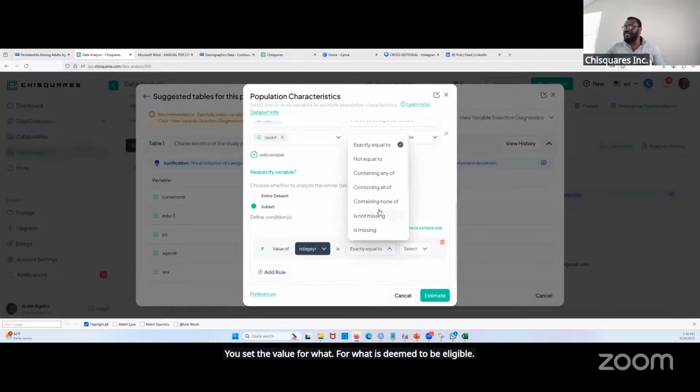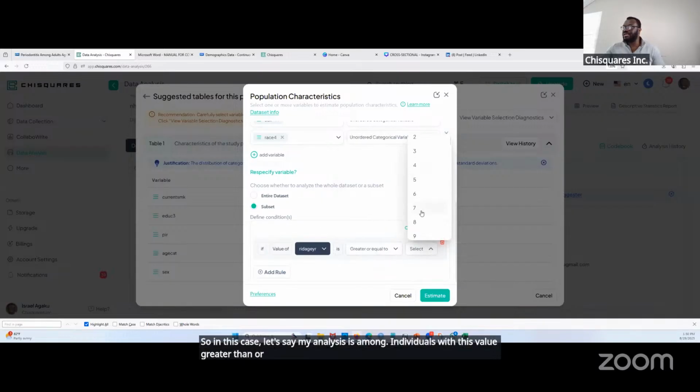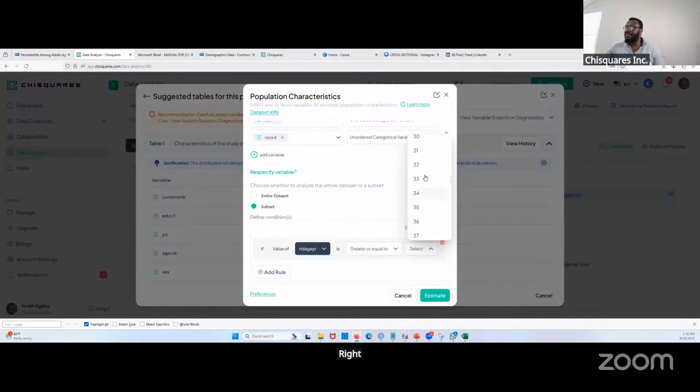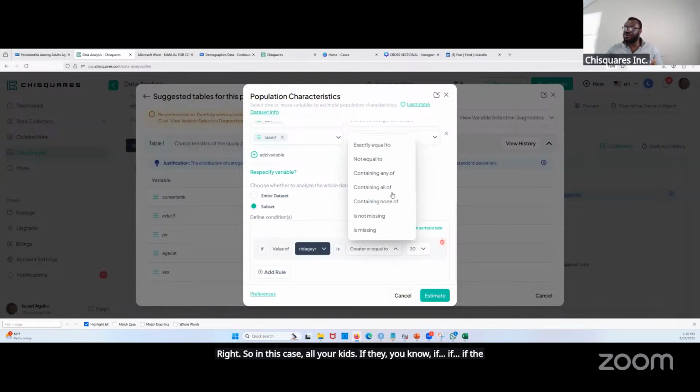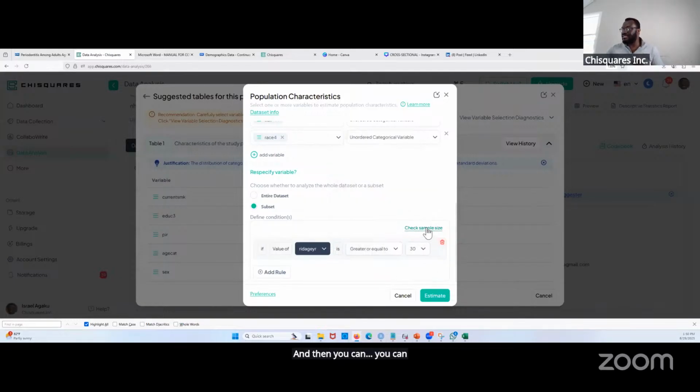So in this case, let's say my analysis is among individuals with this value greater than or equal to, let's say, 30. Or in your case, if the state variable contains any of the following states, Bauchi and Sokoto and whatever, and then you can set the subset. You can always check the sample size to see how many people are eligible based on this criteria.